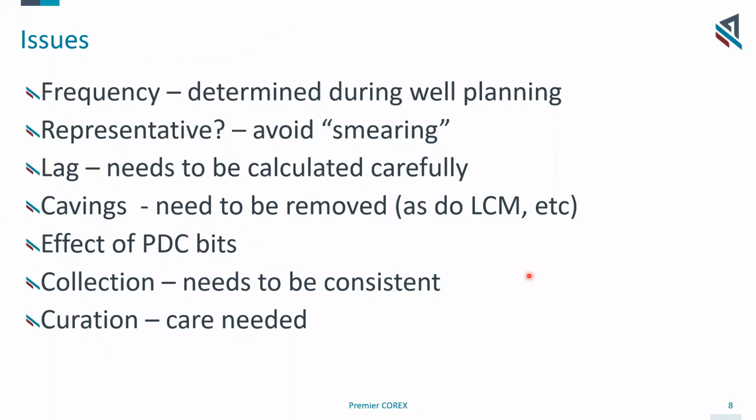And this is a question which came up about the issues of using cuttings. There are things which need to be addressed. Is the frequency of how often do I take cutting samples? This is obviously determined during the well planning, and depends on how quickly you're drilling, how heterogeneous the formation is.